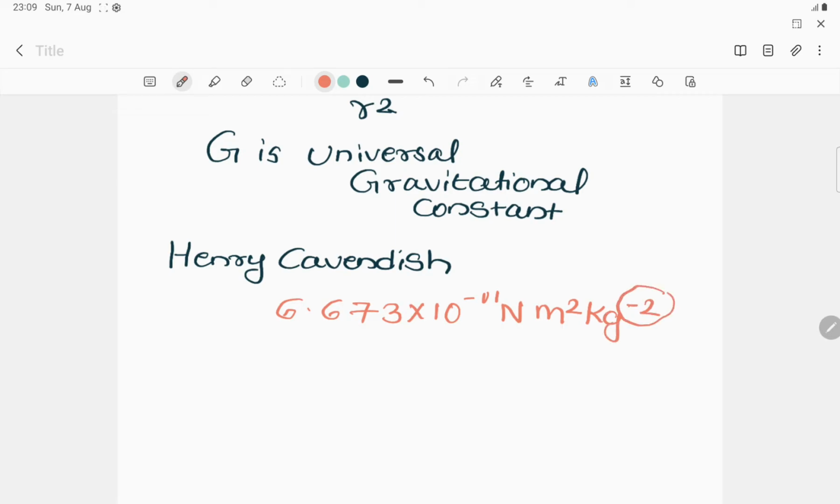The index minus 2 means it is inversely proportional, or it is 1 upon kg square. So the index is minus 2.